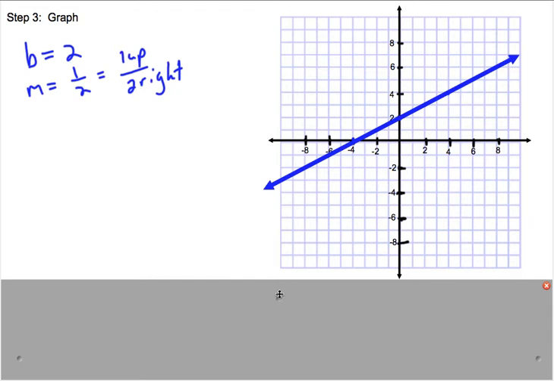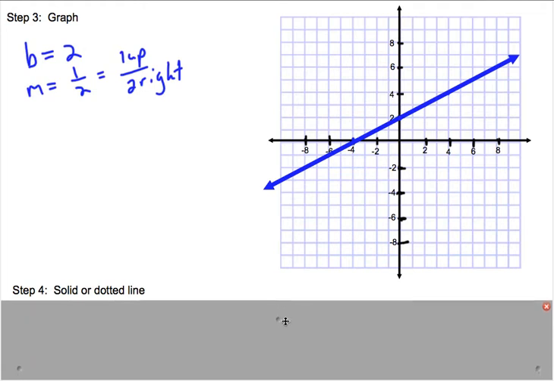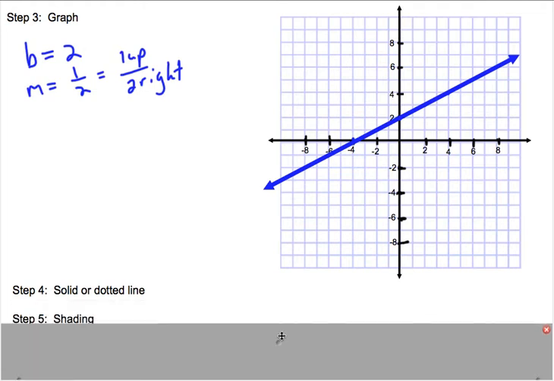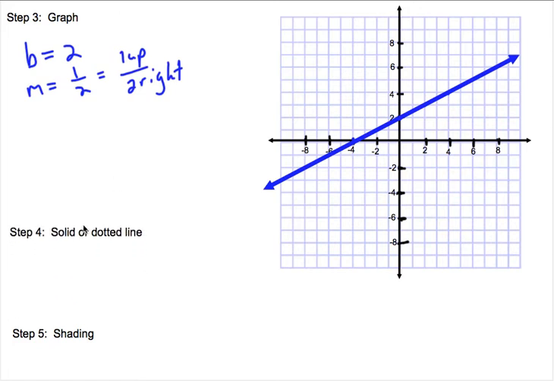We've graphed it. Now step 4 is we have to decide whether it's going to be a solid or dotted line. A solid or dotted line means if the inequality looks like this, this, or this, it will be a dashed or dotted line.